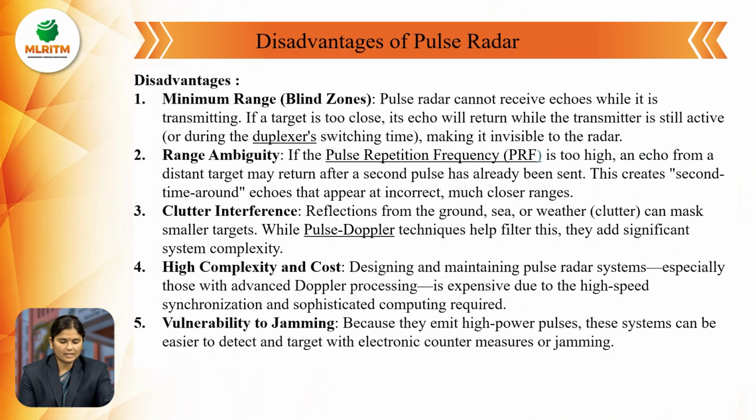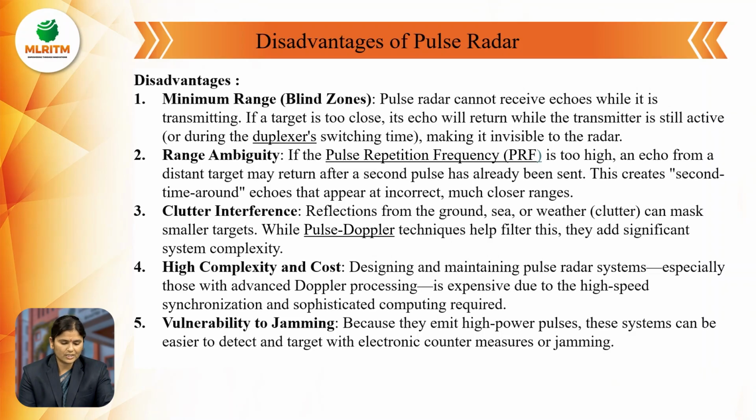And the next is disadvantages of the pulse radar. The first disadvantage of the pulse radar is minimum range or blind zones. The pulse radar cannot receive echoes while it is transmitting. If a target is too close, its echo will return while the transmitter is still active, making it invisible to the radar.